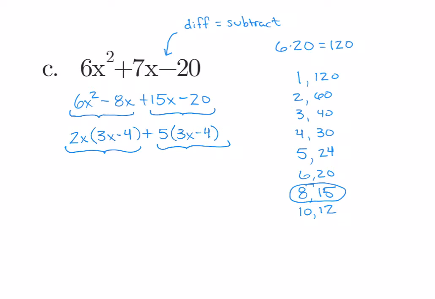We factor out the common binomial. In the first thing, if we get rid of 3x minus 4, I am left with 2x. In the second thing, if I factor out 3x minus 4, I am left with plus 5.